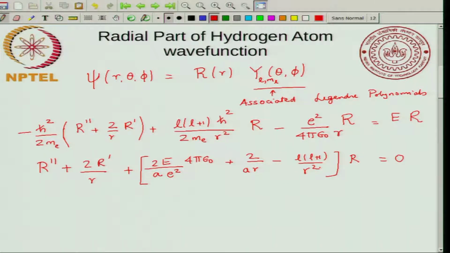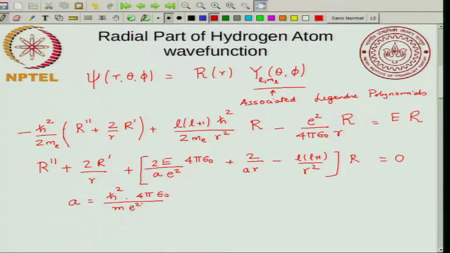So, a is the Bohr radius, and that is related to h bar square times 4 pi epsilon 0 divided by m_e e square. So, this is the a. So, I just use this and rearrange things a bit to write it in this form.